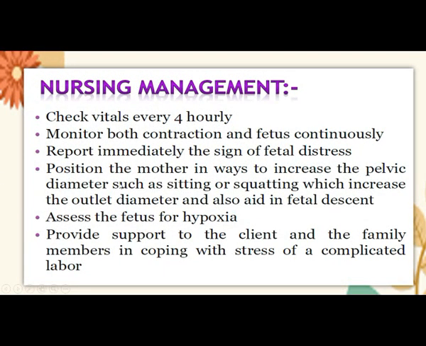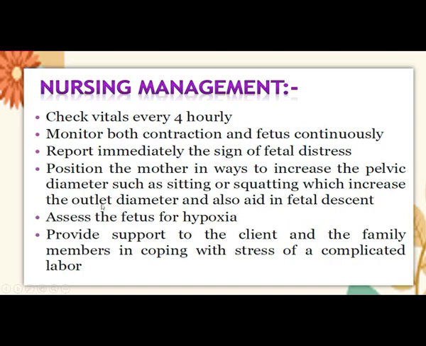Next, the nursing management. As nurses, we have to record the progress of labor properly. Check vitals every 4th hourly, monitor both contractions and the fetus continuously, and report immediately any sign of fetal distress. Position the mother in ways that increase the pelvic diameter, such as sitting or squatting, which increases the outlet diameter and also aids in fetal descent.